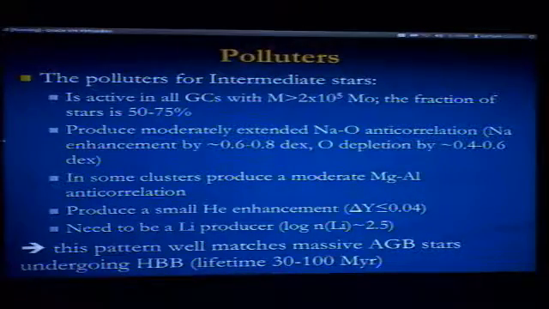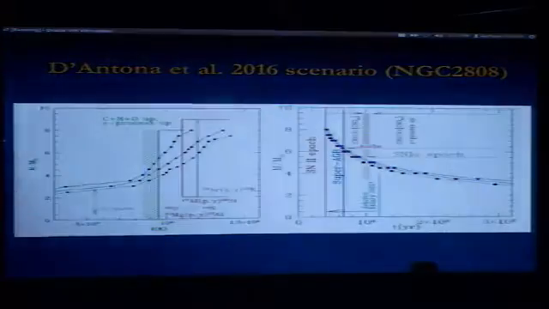So one may think that, for instance, the intermediate stars come from AGB stars, while the extreme stars come from fast rotating massive stars. This is possible too, but not very popular as an explanation.